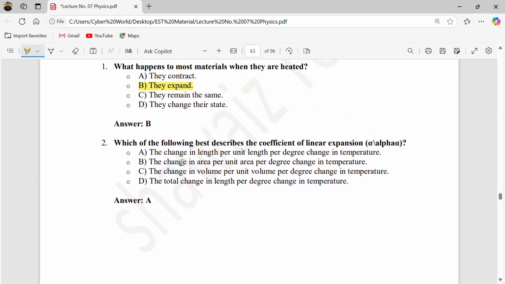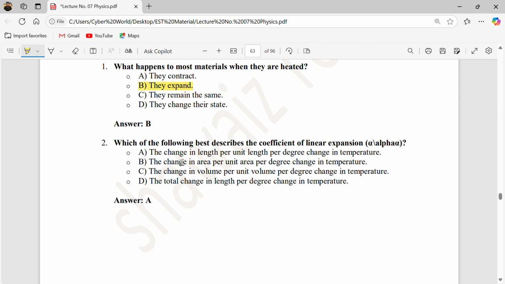Which of the following best describes the coefficient of linear expansion alpha? The change in length per unit length per degree change in temperature. Yes, this is right, because alpha is the coefficient of linear expansion, which equals the change in length per unit length per degree change in temperature.